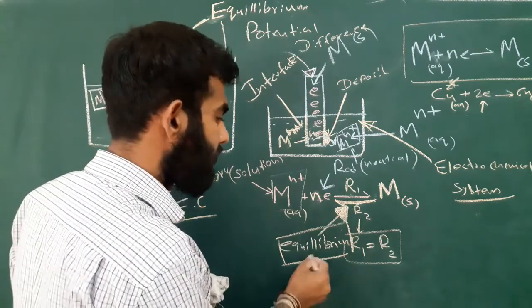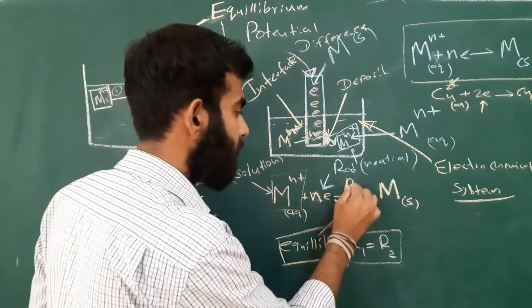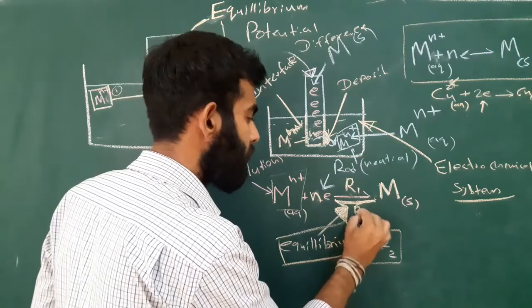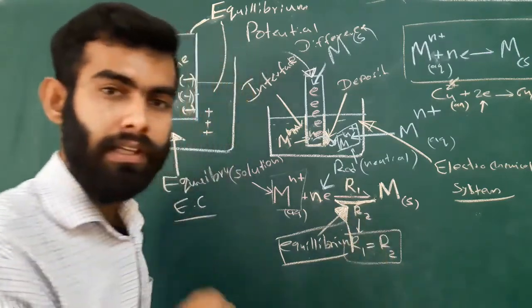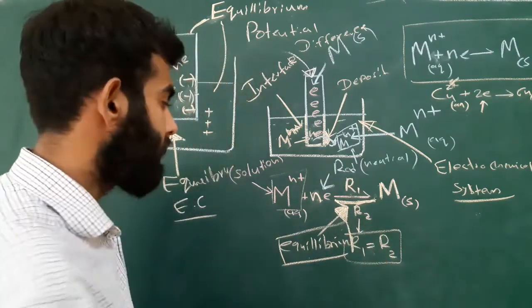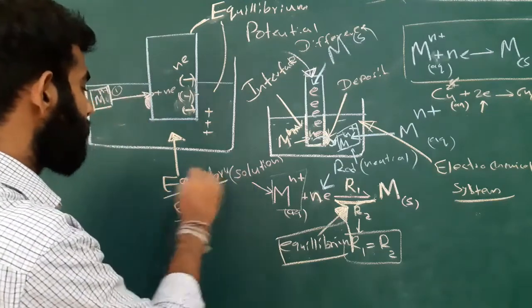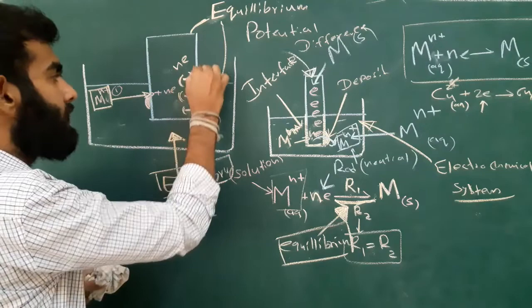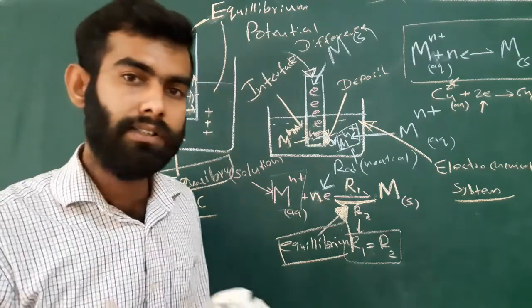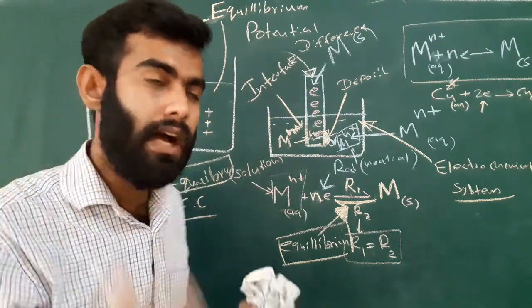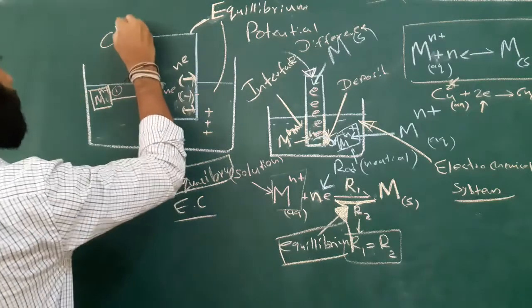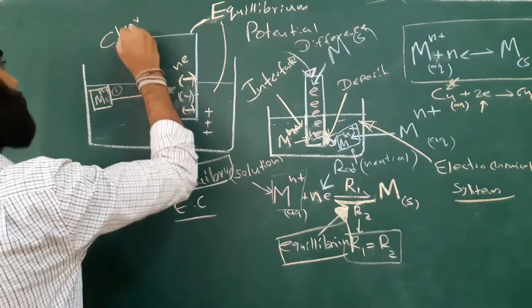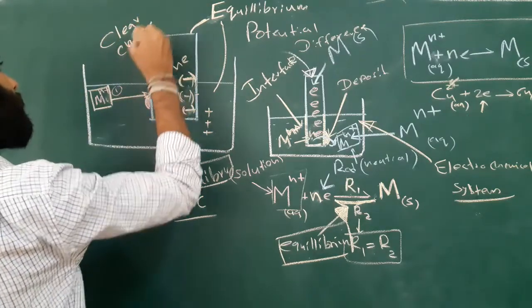So after some time, the rate of forward reaction and backward reaction will come to an equilibrium. So at that time we say it is in equilibrium. At that equilibrium we can see a permanent, clear charge separation.